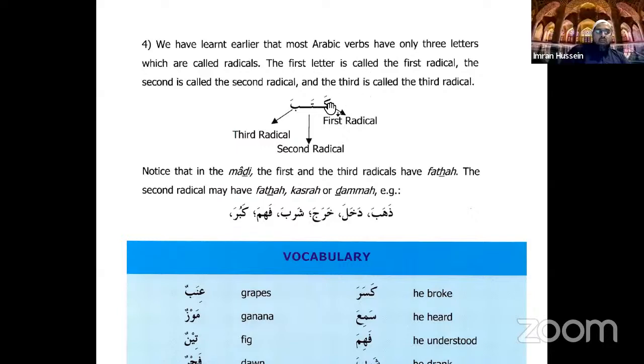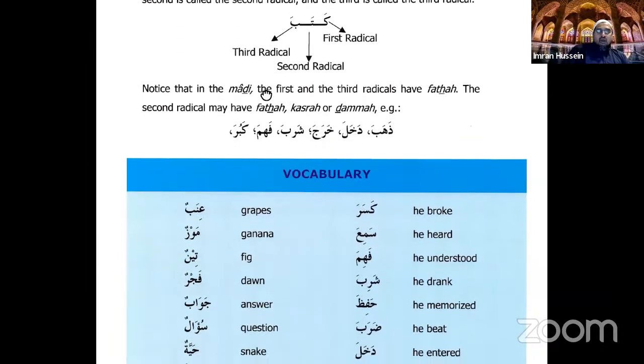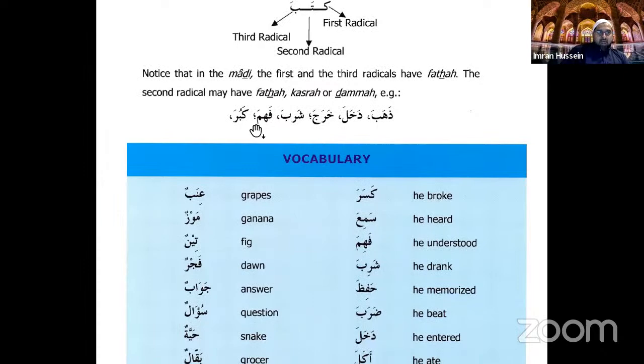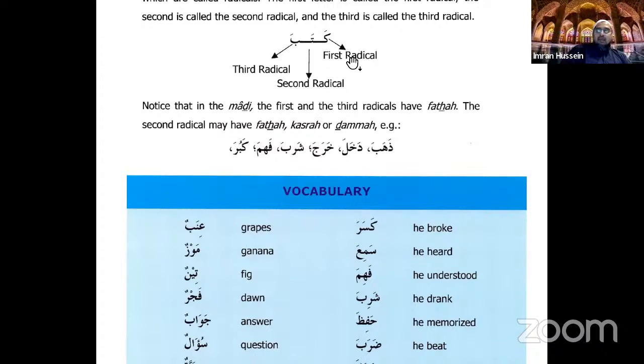Because it's a 3-letter verb, the harakat are placed on the first, second, and third radical. It's just a technical point. Even if it is Damma or Kasra, we still call it first, second, or third radical.